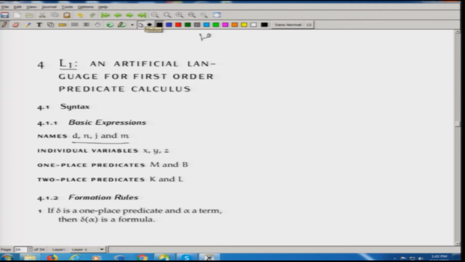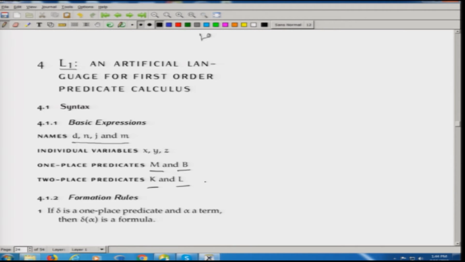So, we just conveniently use 3 variables x, y, z. If we wanted to have more variables, then we would use V1 through Vn. Then we have 1 plus predicates as we have seen before, and 2 plus predicates.